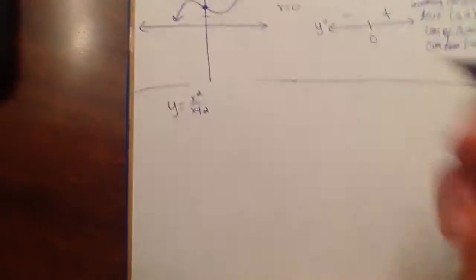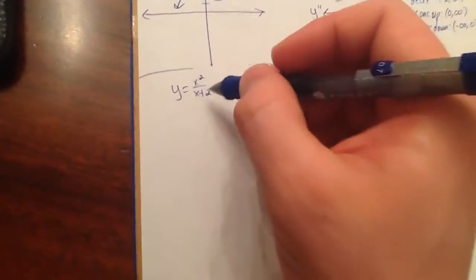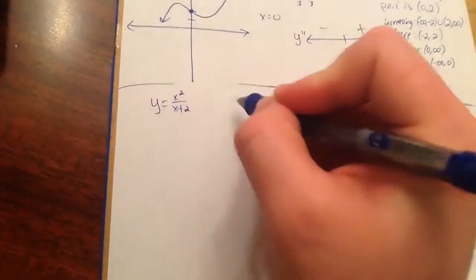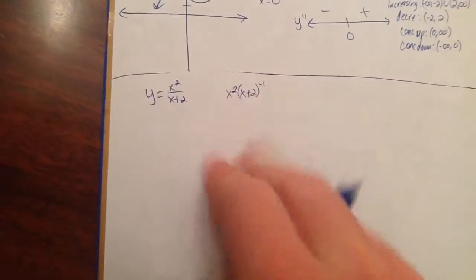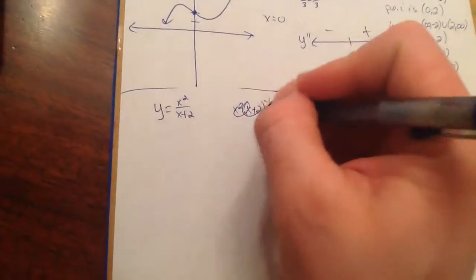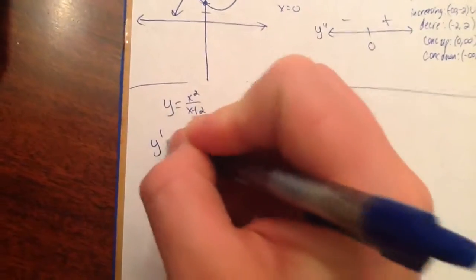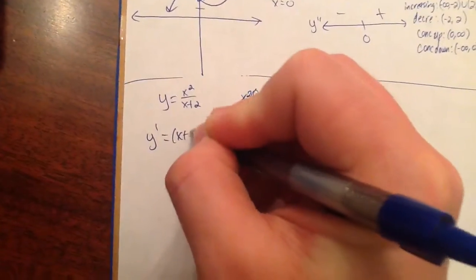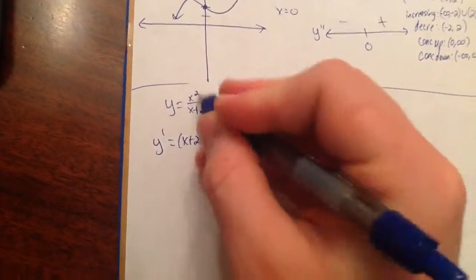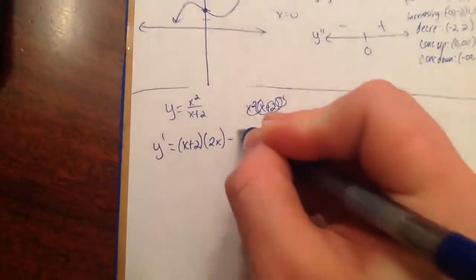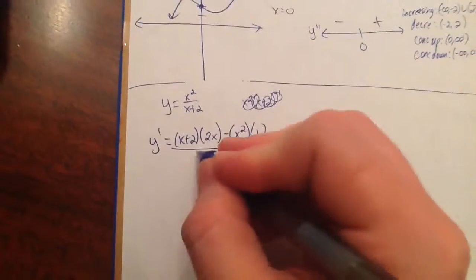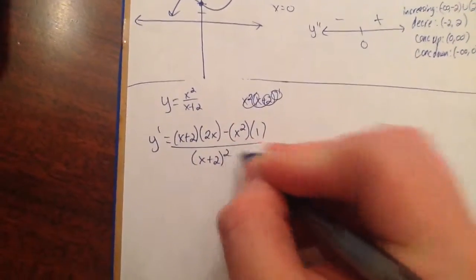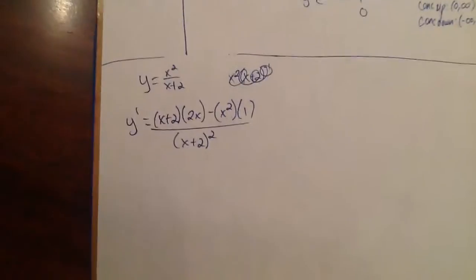So first derivative, you could either do quotient rule or change it to x squared times x plus 2 to the negative 1. Do product rule. It doesn't matter. I'll do quotient. Low d high, so derivative of the top minus the top times the derivative of the bottom, all over the bottom squared.